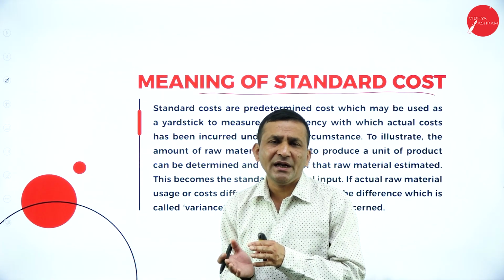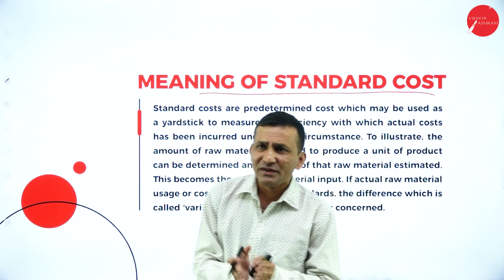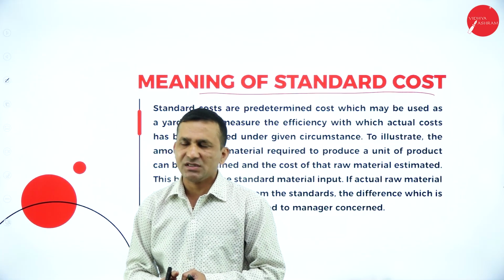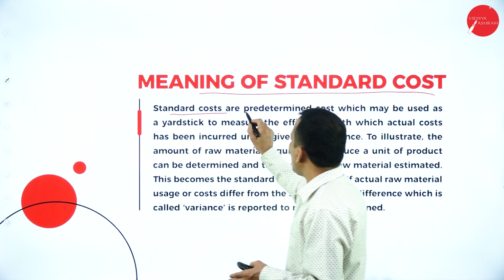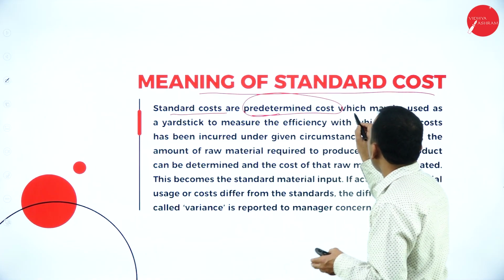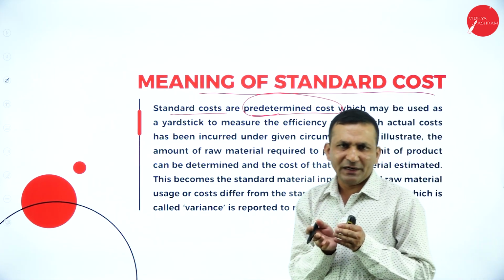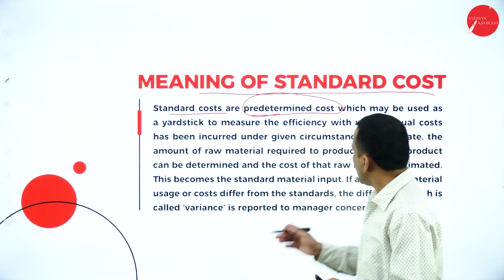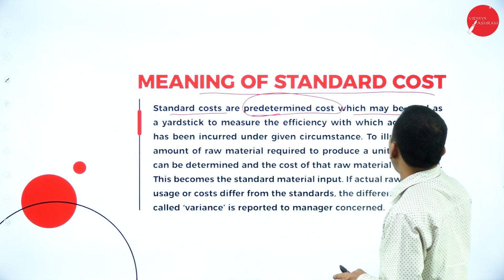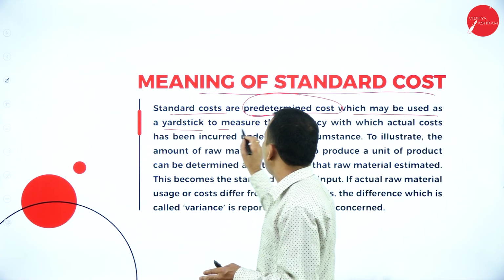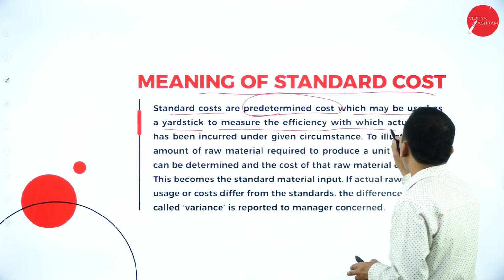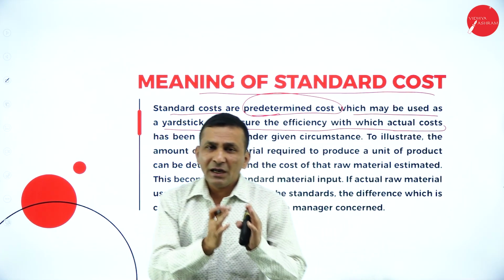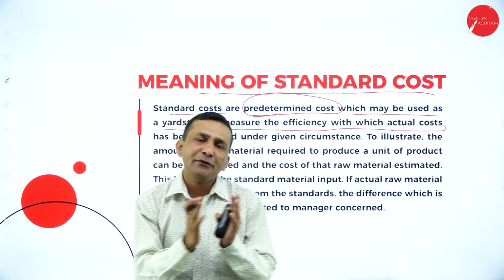If you're talking about standard costing, of course, it is a predetermined cost, okay. The standard cost or predetermined cost is set by the management, okay. Then only are we able to compare with the actual, okay. It may be used as a yardstick to measure the efficiency against the actual cost. Unless you are setting a standard, we cannot compare.